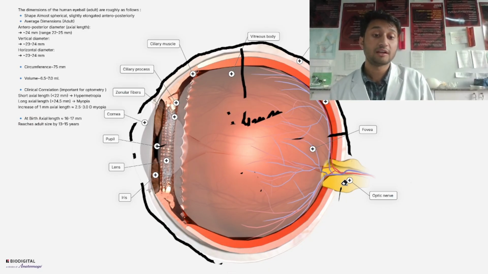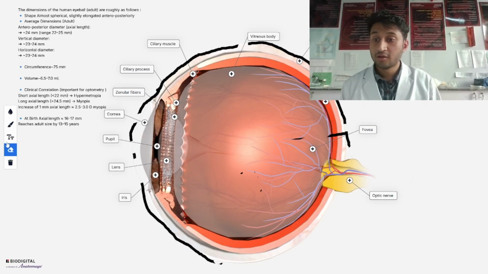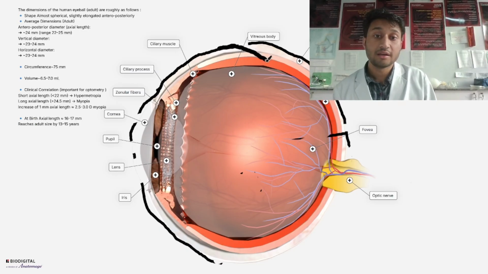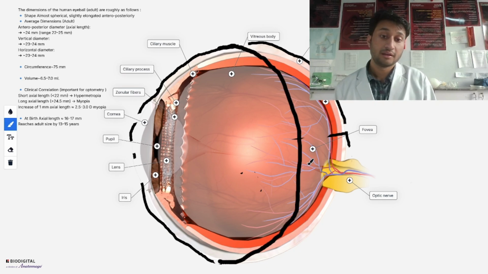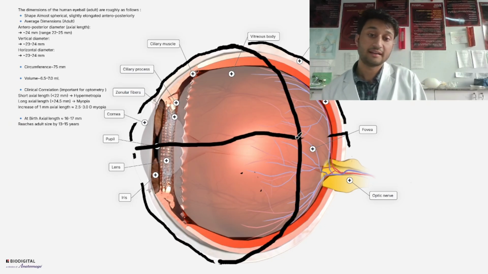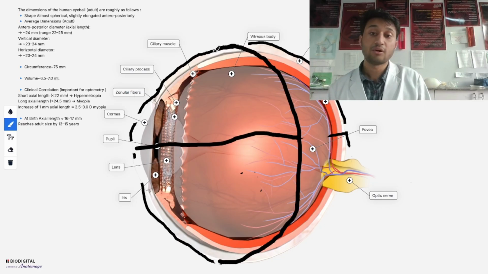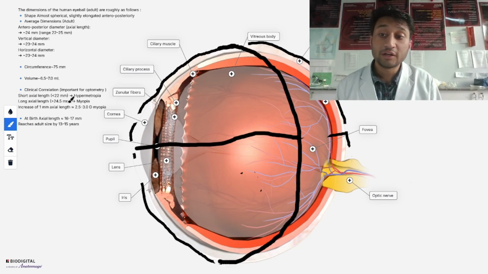So if the axial length of an eyeball is small, we can say the eyeball is somewhat ending up before the retina. This is the short axial length of an eyeball. This means the eyeball is shorter in shape. This condition is known as hypermetropia. Shorter than 22 mm is known as hypermetropia.